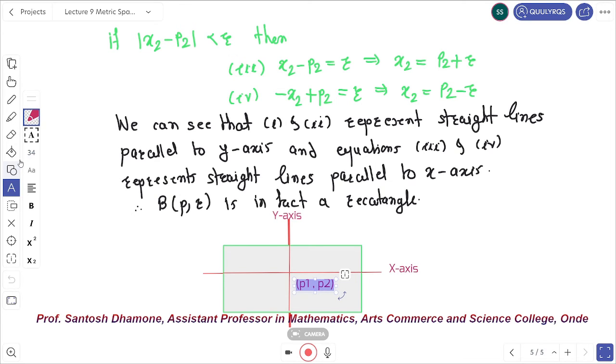This is our open ball. The open area of the open ball lies between these four lines, that is, in the rectangle.